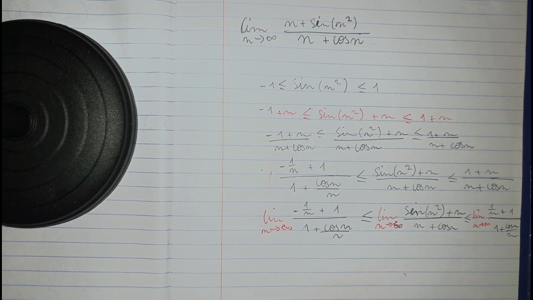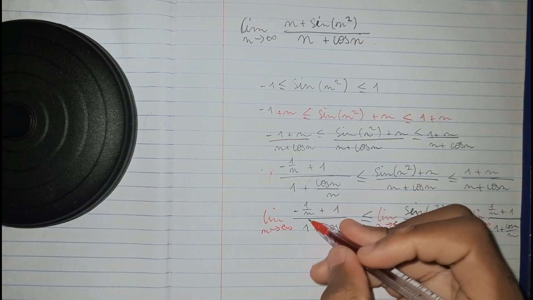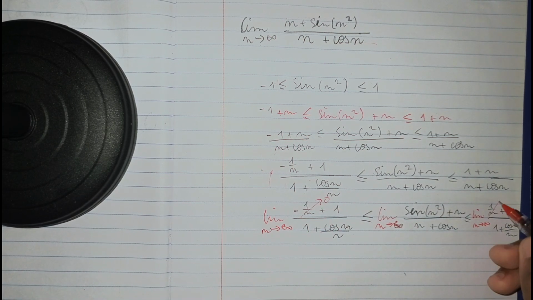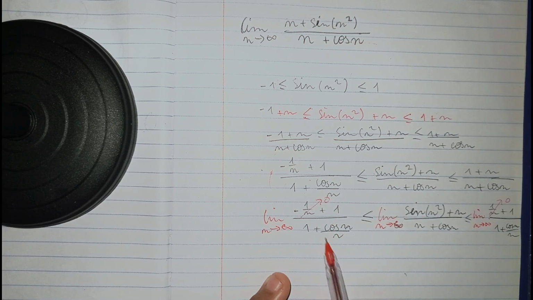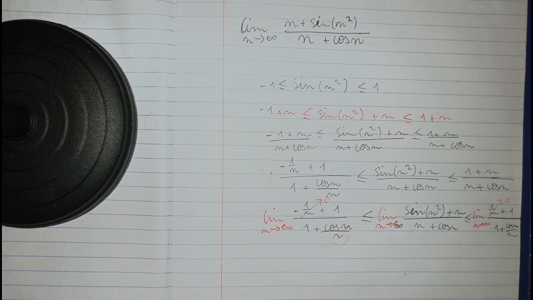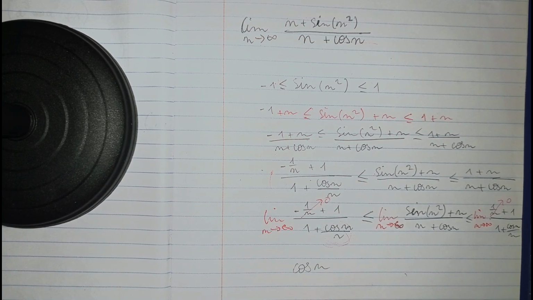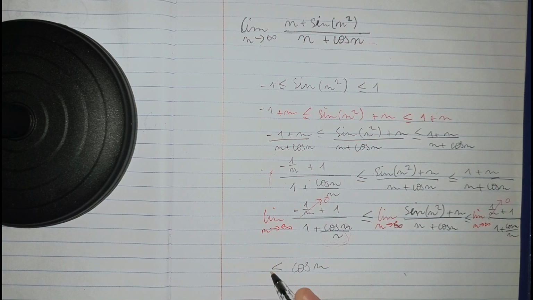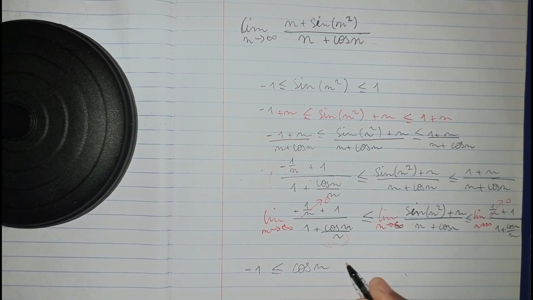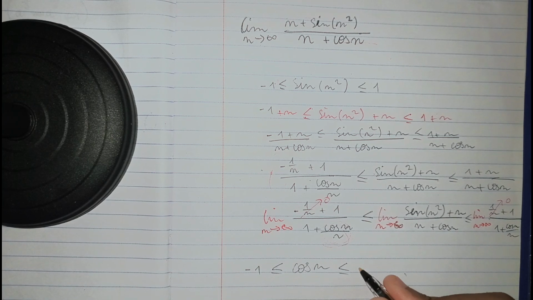So what do we see here? Let me write here, we get 0, right? And plugging in infinity, here we get 0. So the deal here is this limit. Again, we are going to use squeeze theorem. So we know that we need now this limit. We know that cosine of n is greater than -1 and is less than 1.